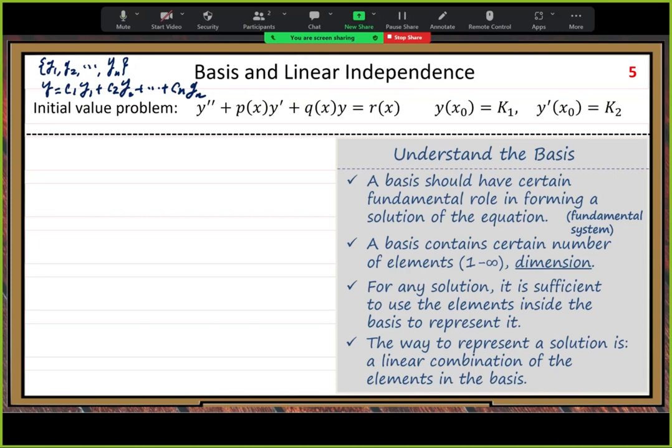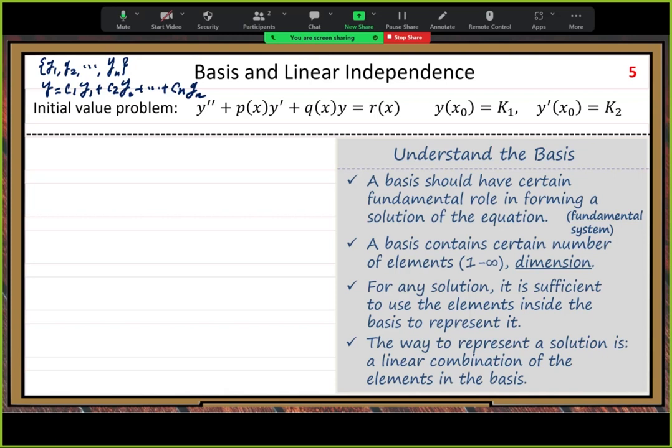In this linear combination, some of the constants C could be 0. We allow some of the constants C to be 0, but not all 0.